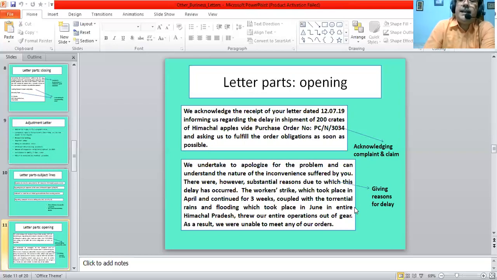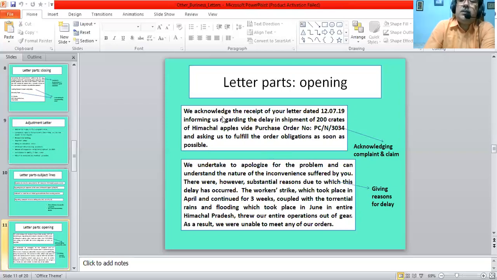So in the opening of this letter, we have first the acknowledgement of the claim made by the letter of complaint, followed by some details of explanation about why the problem has taken place.